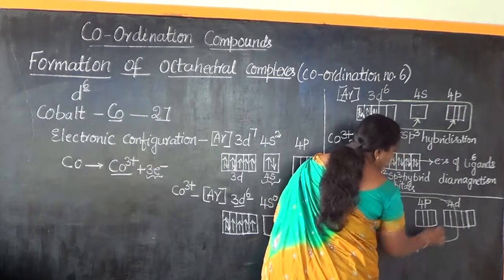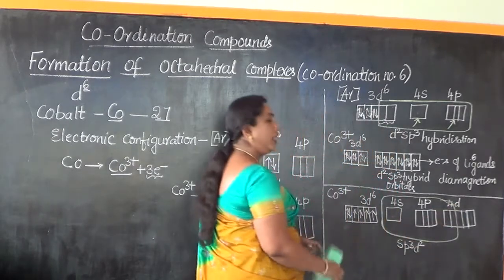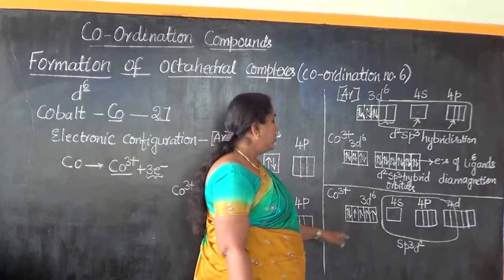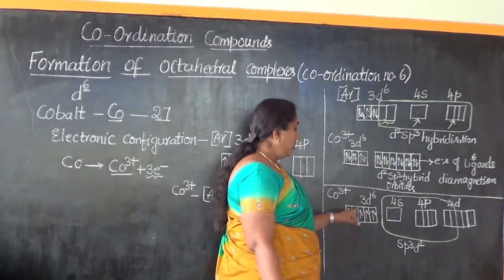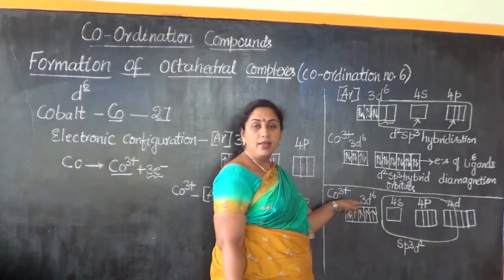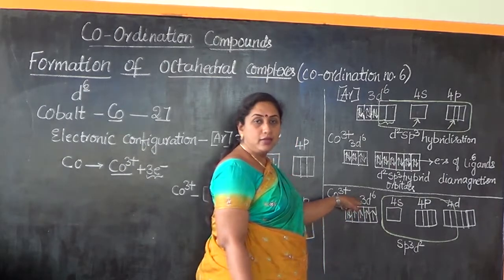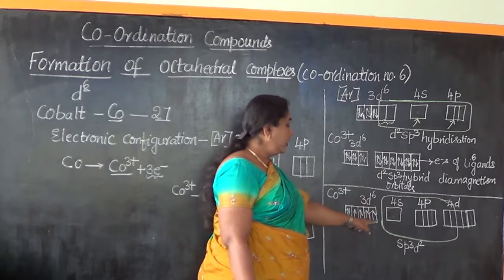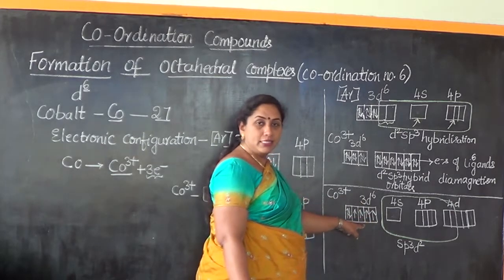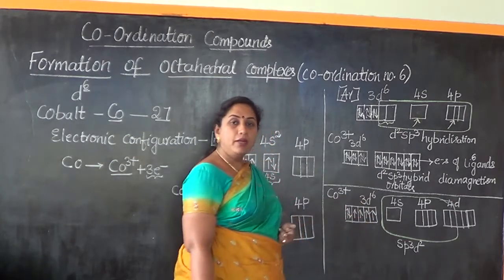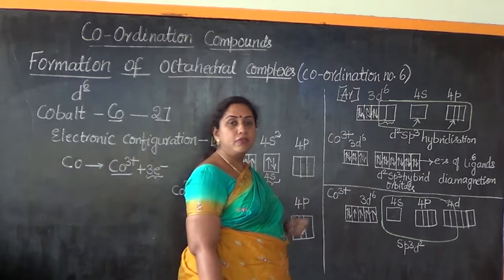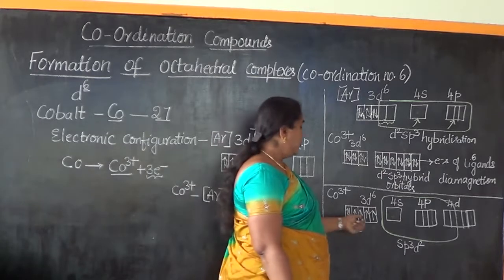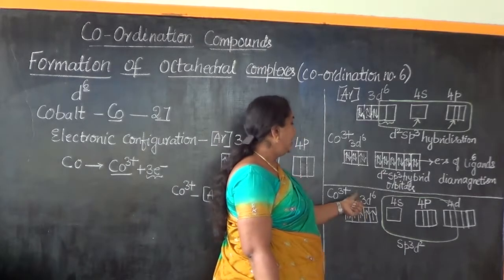These are the d orbitals belonging to the 4d energy level and they are not the empty orbitals of the 3d energy level. Please focus, the 3d energy level in this particular case does not contain any empty orbitals. For undergoing hybridization, empty orbitals are required, which are not there in 3d.